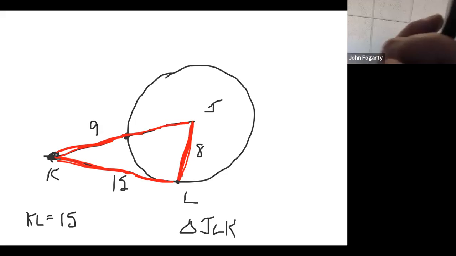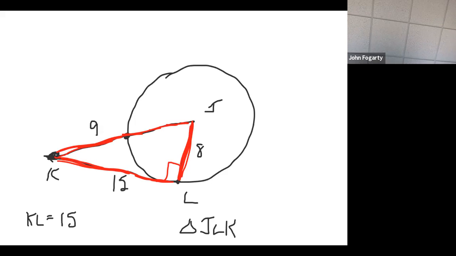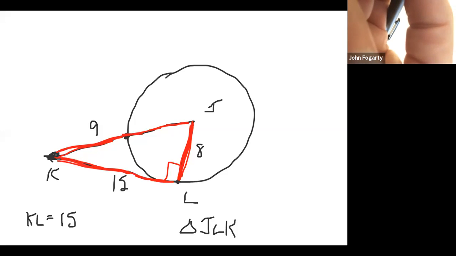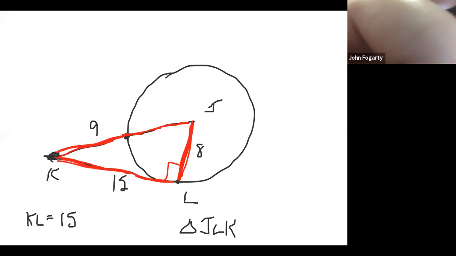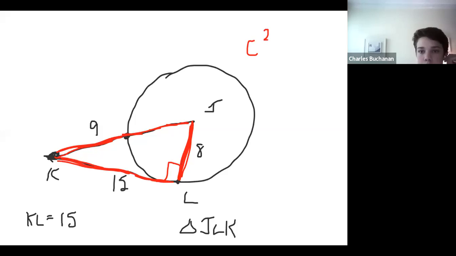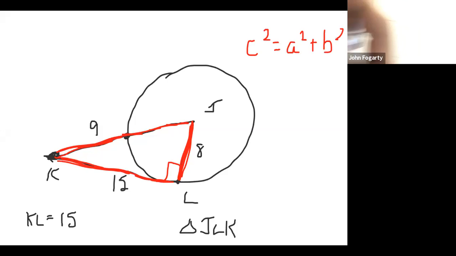I want to know if this is a right triangle. What do you know when you have the sides? Right triangles. Yeah. Pythagorean theorem, right? What's JL?